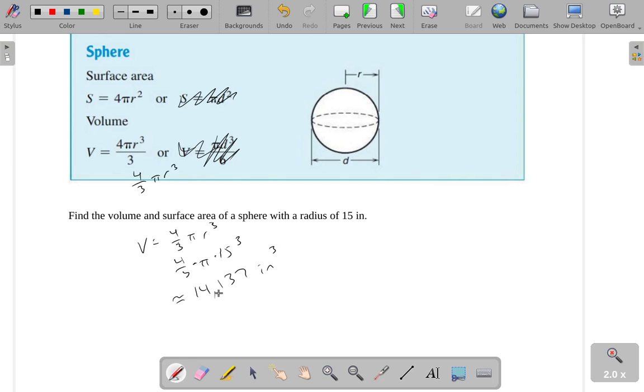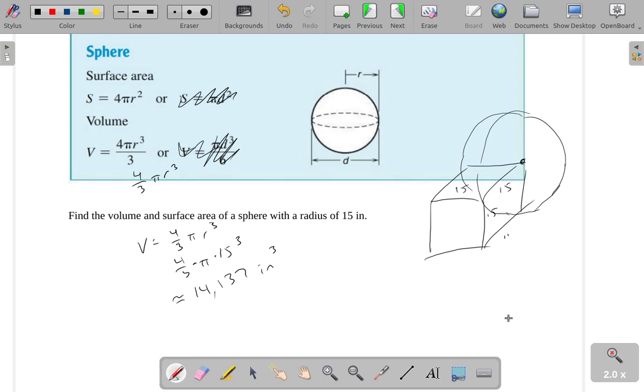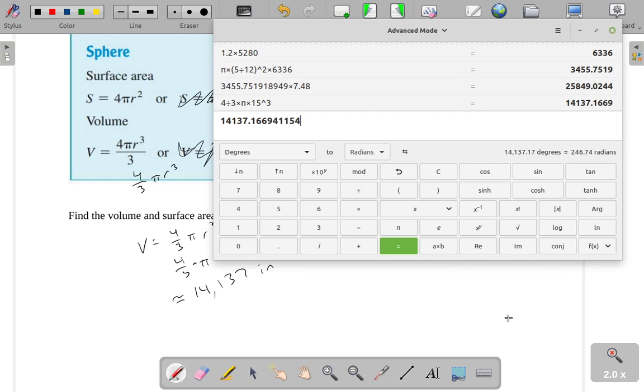Notice these numbers get pretty big pretty quickly, but think about a cube that measures 15 by 15 by 15. Well, this sphere is going to be bigger than this cube because the radius was 15 inches, but it's going to be on par with that.